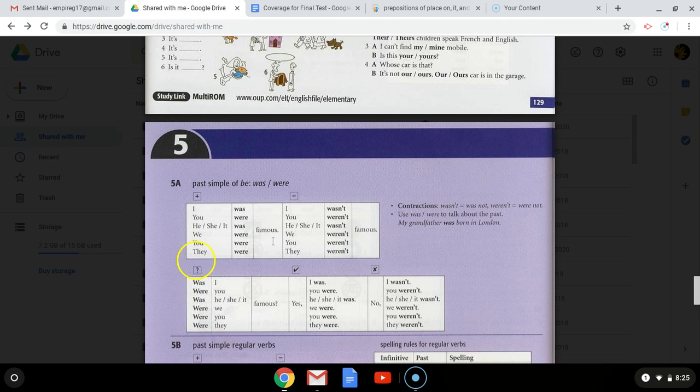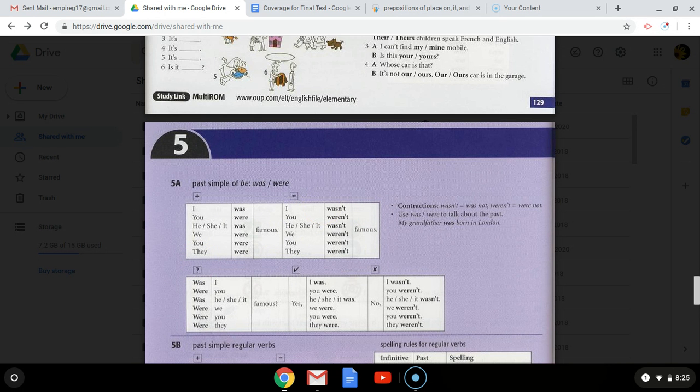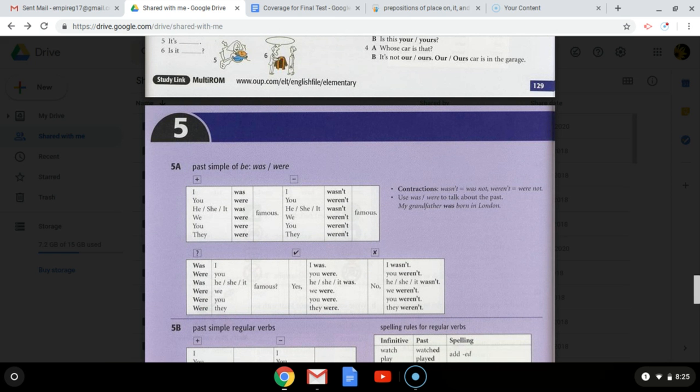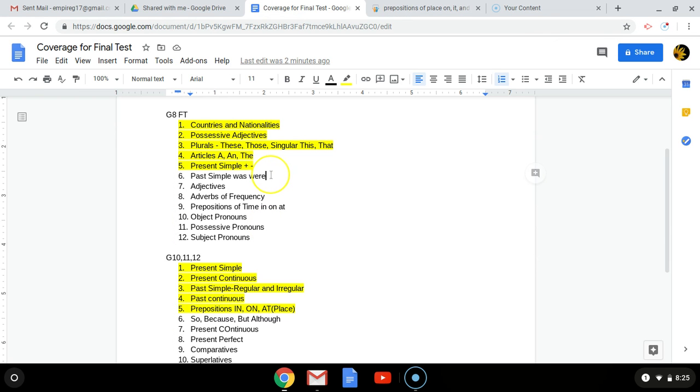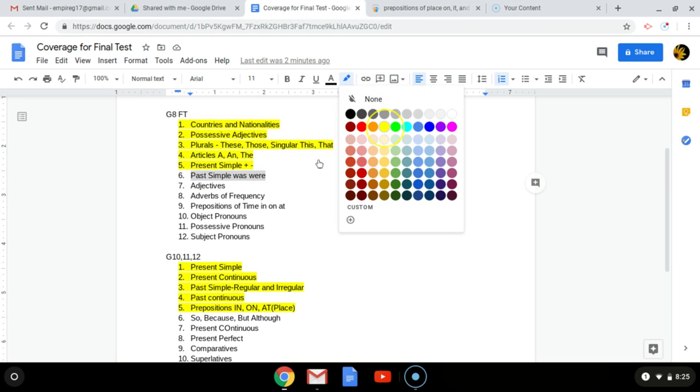Okay, and then for the negative, we use wasn't for singular and weren't for plural. Okay, so this is very easy. I will include this in the test, the simple present and the simple past tense. Okay, so that's done. This is not going to be a big part of the test, but I want you to study this as well.